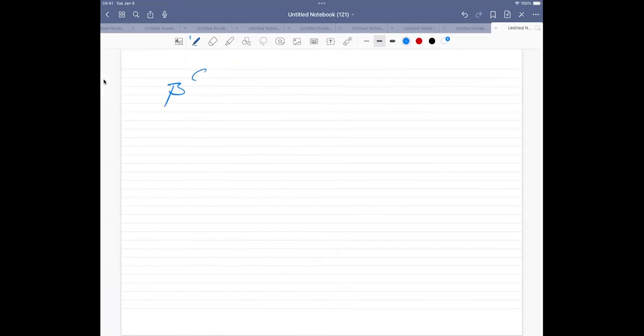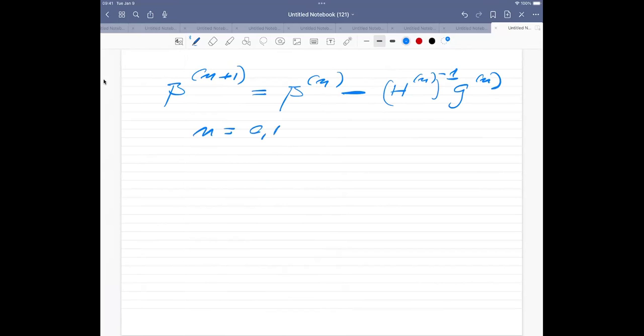So I find that beta of n plus 1 is actually beta of n minus h of n inverse multiplied with g of n, and this n takes values from 0, 1, and up. So we would start with a guess, beta 0. And then we continue till the difference between beta of n plus 1 minus beta of n is smaller than a number we have fixed.